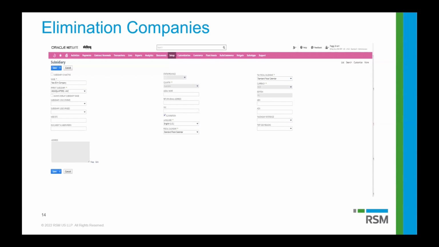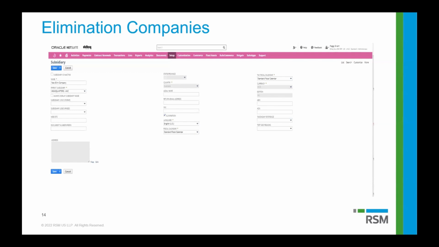And so the elimination company that's going to eliminate between those two European entities will be in euros. And then the holdco and all of the consolidation, when it rolls up to that absolute USD parent, will convert to US dollars during that consolidation.